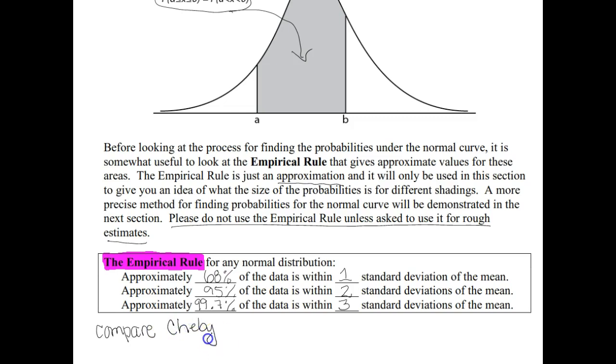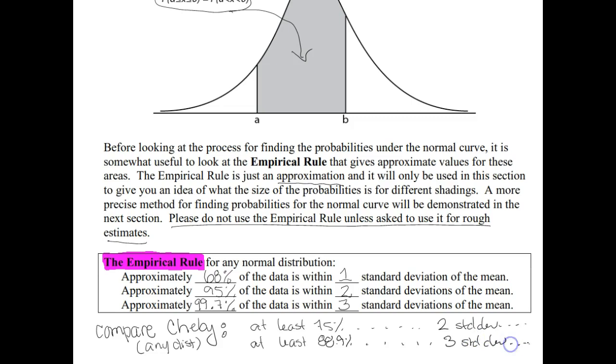So now, if we want to compare that to Chebby from the last unit, keep in mind that Chebby can be used on any distribution. We had at least 75% within 2 standard deviations, and we had at least 88.9% within 3.